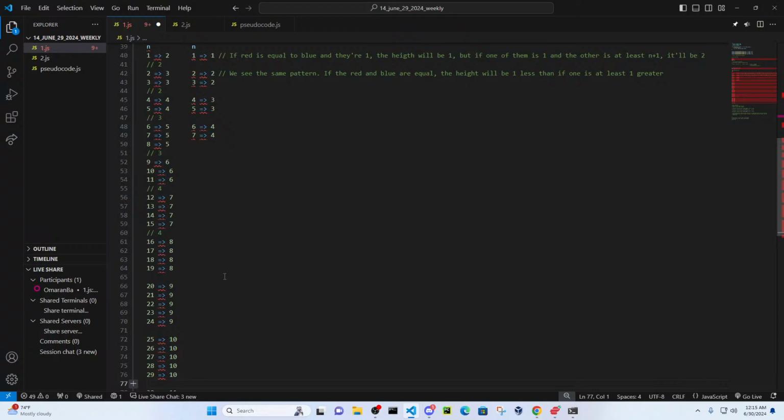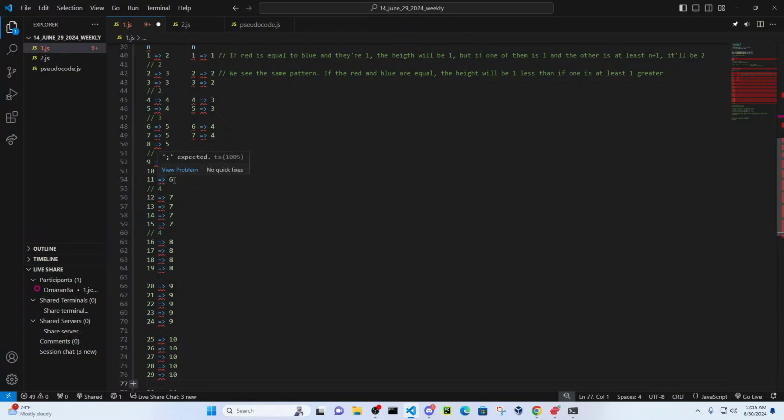So n into n plus 1 by 2 won't work. But the arithmetic progression I mentioned uses the same idea, just a bit different formula. You can search Sn, it's basically this. Sn is equal to, I'm typing in the chat, n by 2 into 2 into a plus n minus 1 into d.